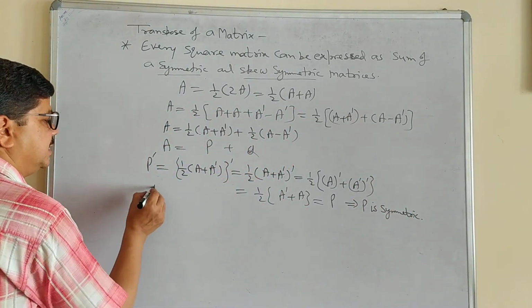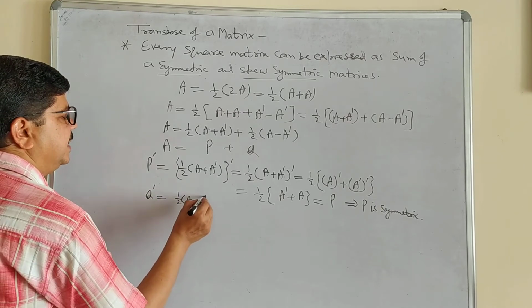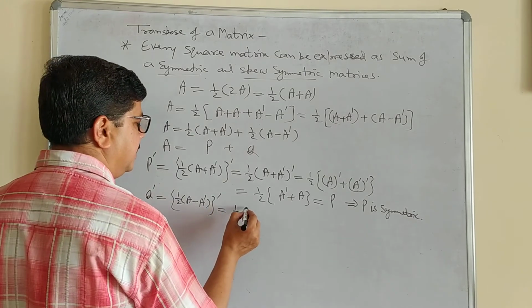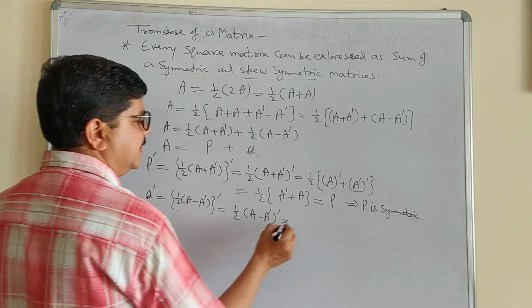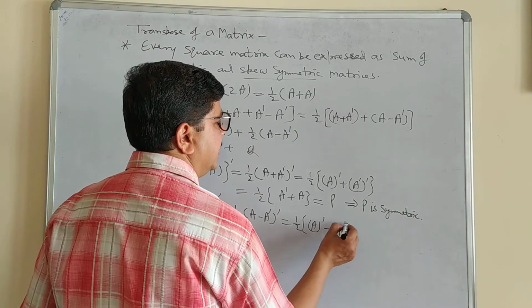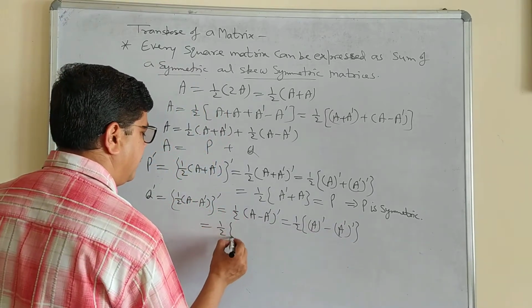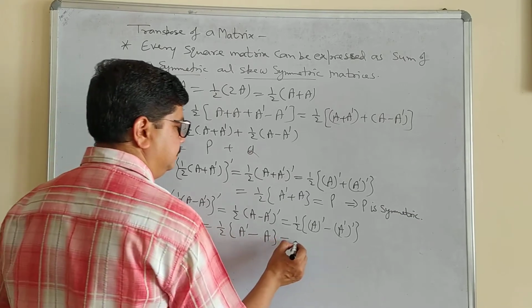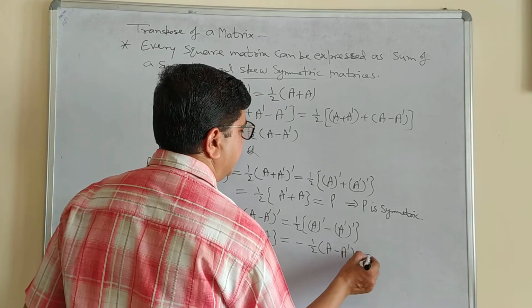Now find Q dash. Q transpose is half of (A minus A transpose) dash. That is half of A minus A transpose transpose. That is half of A transpose minus A dash dash. That is half of A transpose minus A. Taking minus common, half of A minus A dash.